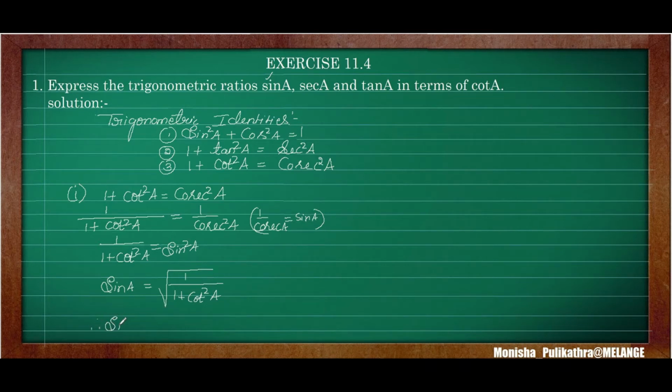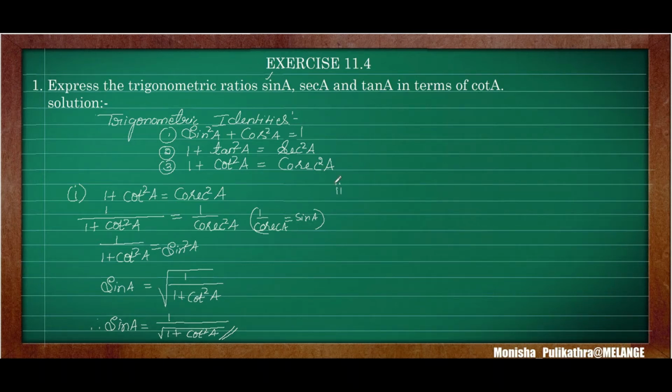Therefore, the formula for sin A is equal to 1 by square root of 1 plus cot square A. I hope you understood. So the formula for the first trigonometric ratio has been found.